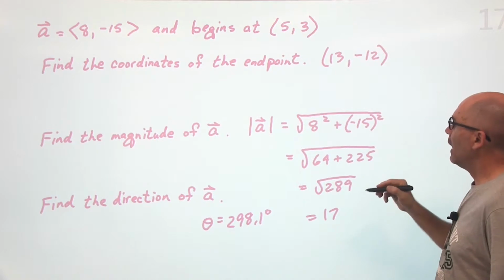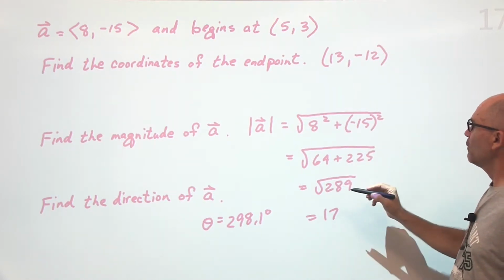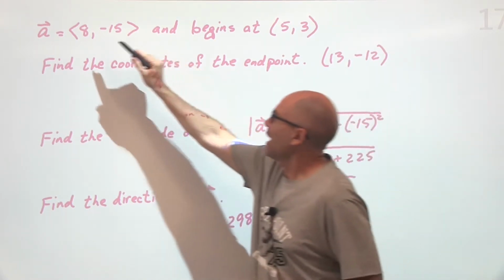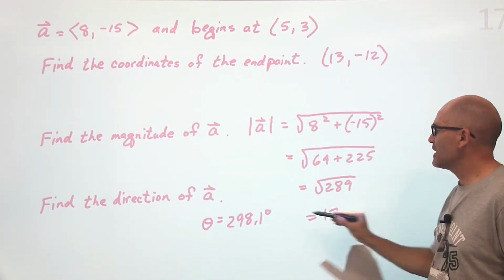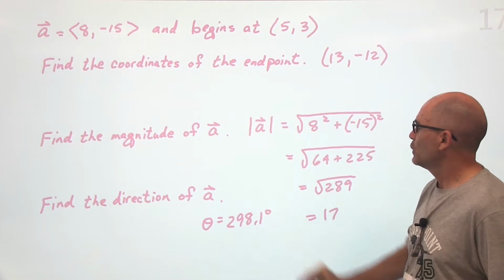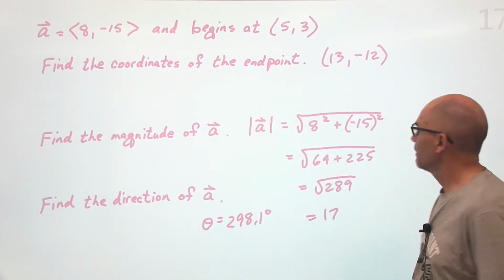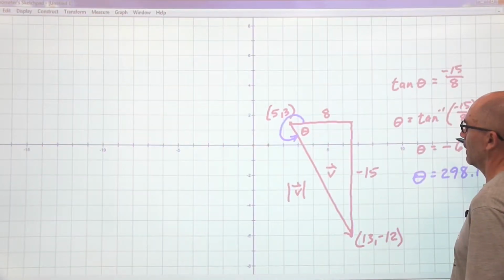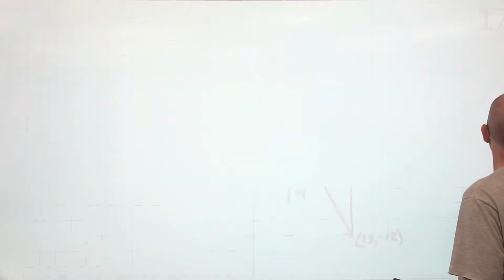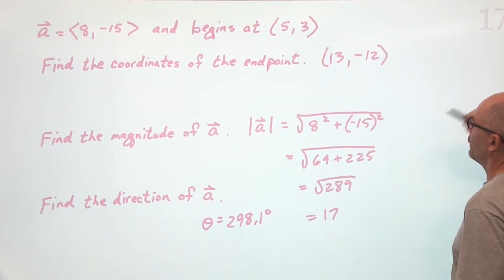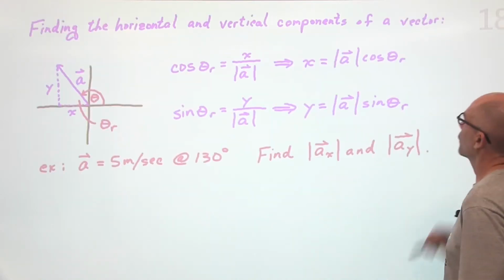Okay, so vector A is 8 right, 15 down, or we could say it's 17 in the direction 298.1 degrees. And once again, we just change to vector A. Okay, cruising onward.